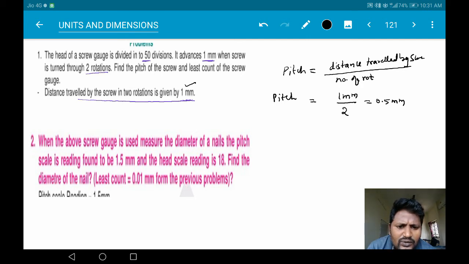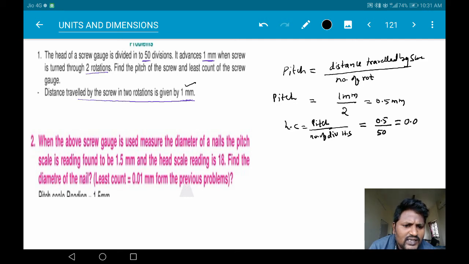Then we should find least count. So least count is equal to pitch by number of divisions on head scale. So 0.5 by 50, you are going to get 0.01 millimeter. Now, when the above screw gauge is used to measure the diameter of a nail, the pitch scale reading is found to be 1.5 mm and head scale reading is 18. Find the diameter of the nail.